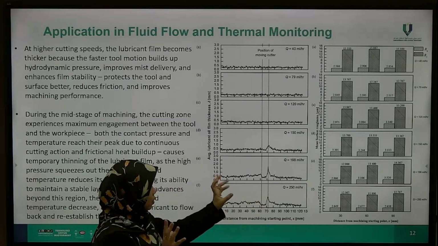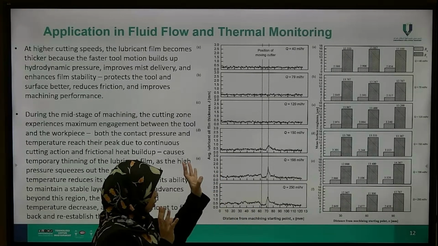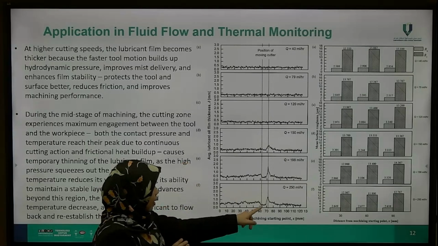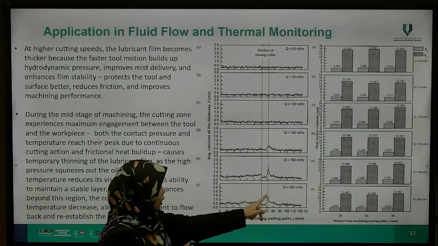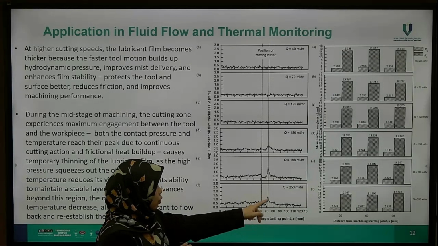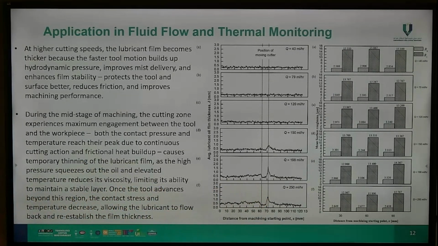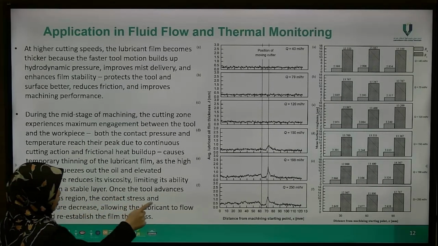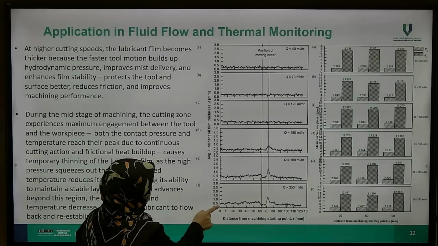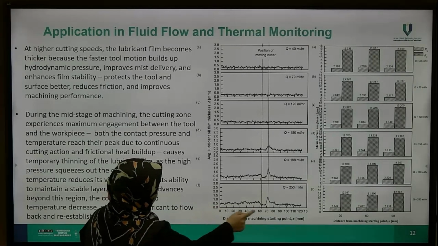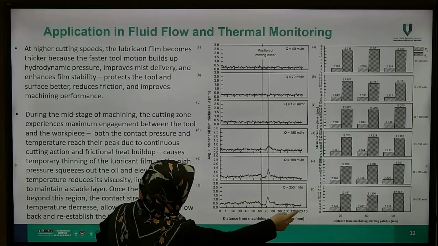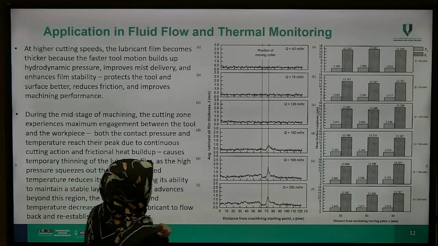After that, it stops, and finally the lubricant can easily penetrate the cutting zone again, until the process is stopped. This is the distance from the machining starting point. We have a 120 millimeter area of the cutting zone.